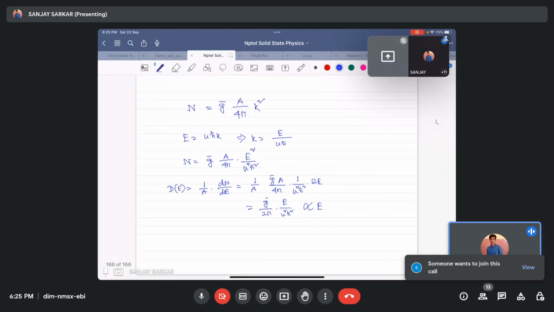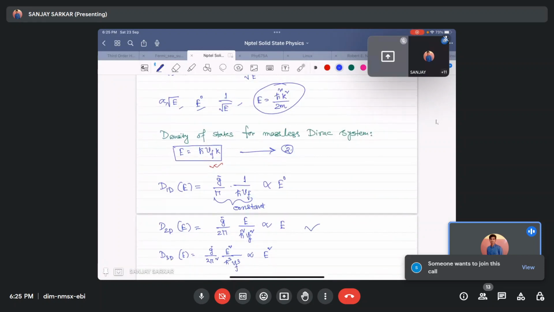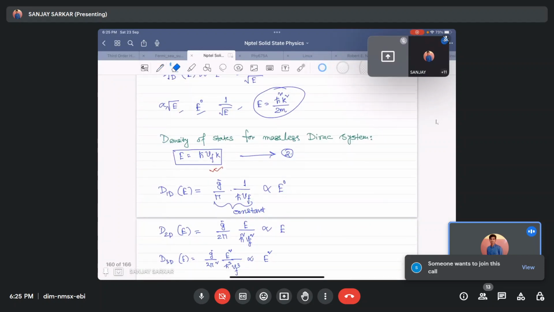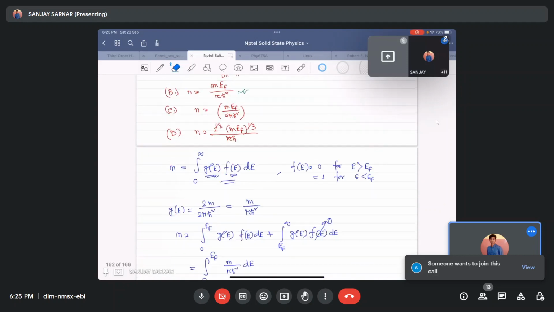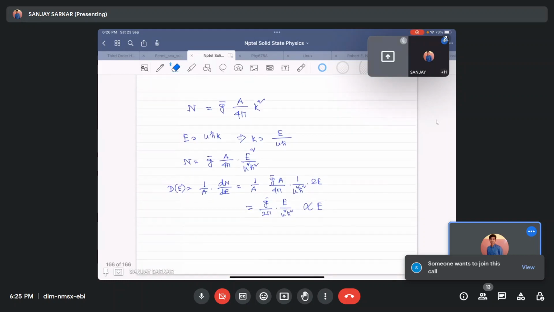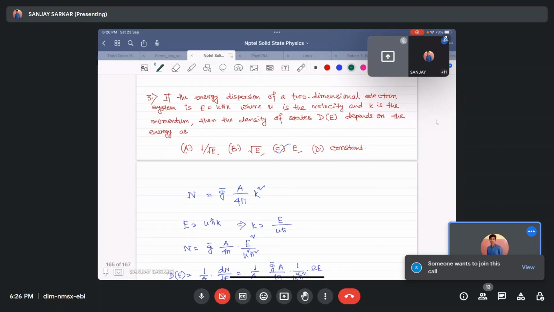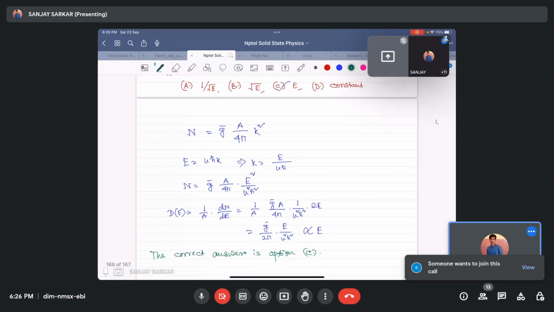I have also written down the expression for different cases. This is the expression we are talking about. So for 2D it is proportional to E, and I have shown that option C is correct. Is there any doubt?